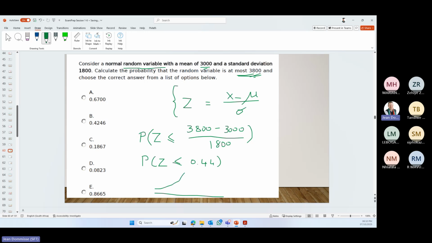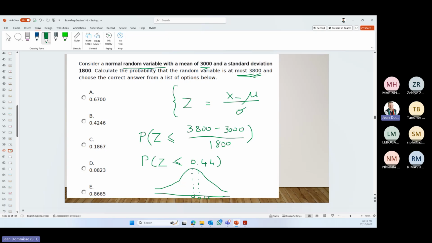Okay, so let's look at the answers. We again know in the middle is 0. This one is just a tad more than 0, so 0.44. So a few things we can again assume.